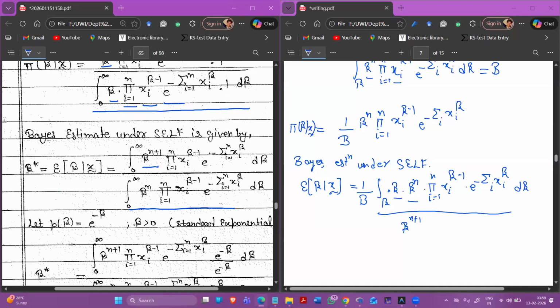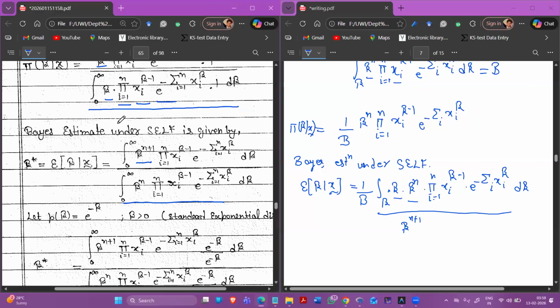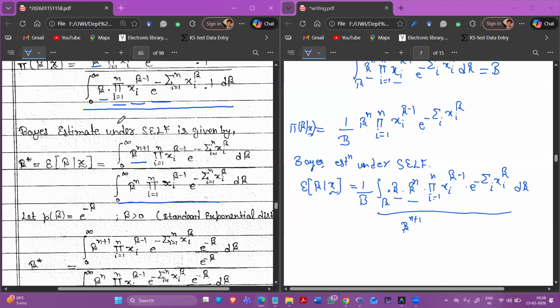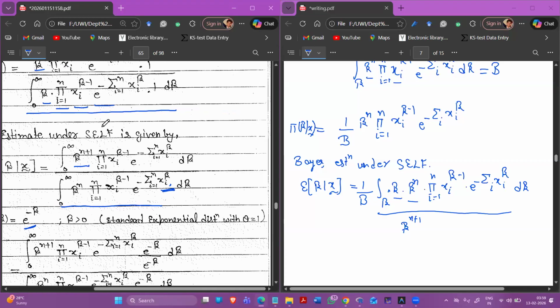suppose here we are going to suppose that beta is following the exponential distribution, the standard exponential distribution with parameter 1. Theta is equal to 1 here.